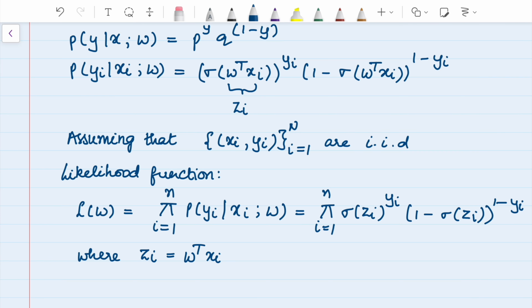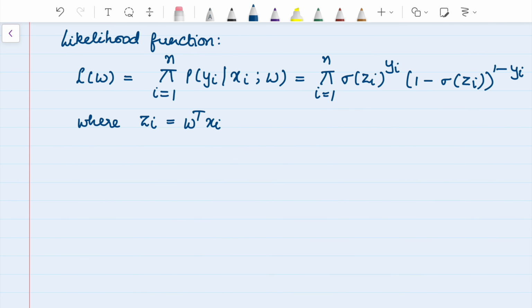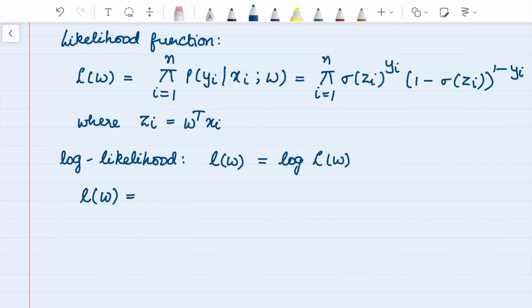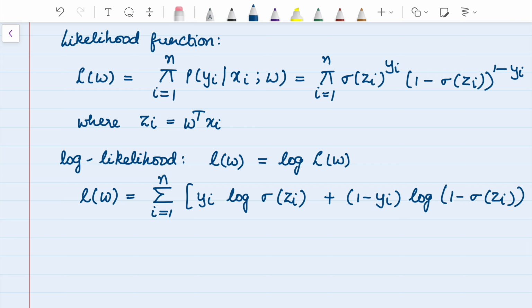As we all know, now we take the log likelihood, which is small l(w) equals log of capital L(w). So we have small l(w) equals the summation from i equals 1 to n of yi log sigma(zi) plus (1 - yi) times log(1 - sigma(zi)). This is called the Bernoulli log likelihood.